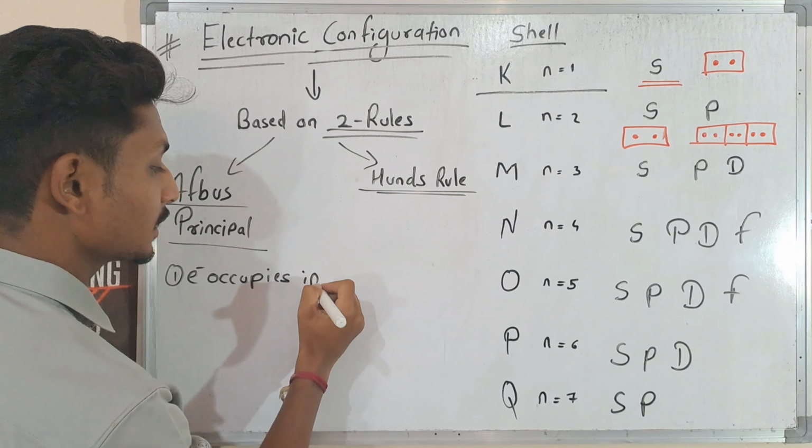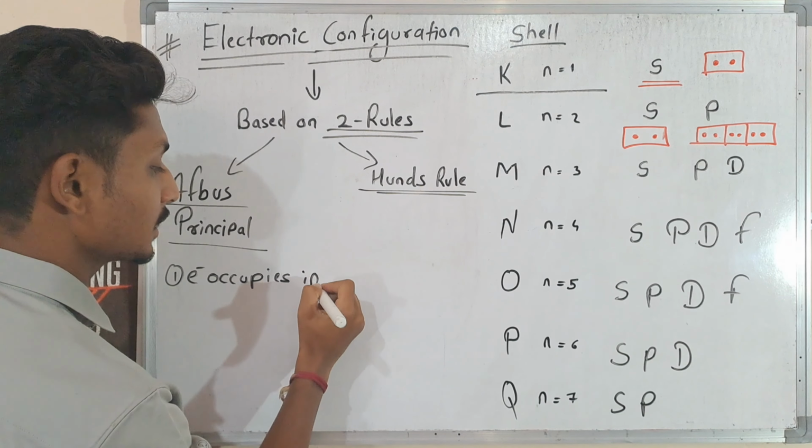Second, first electrons occupy lower energy orbitals.